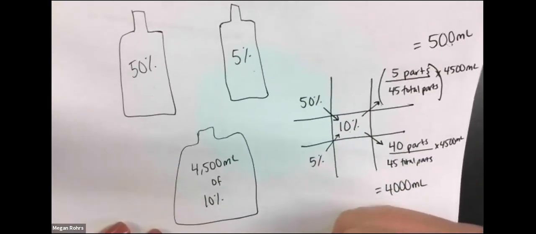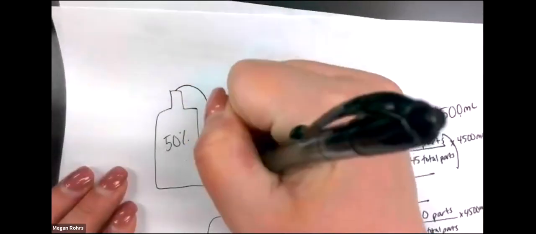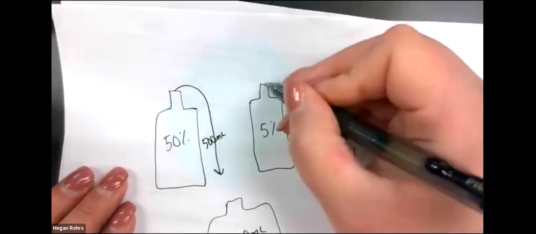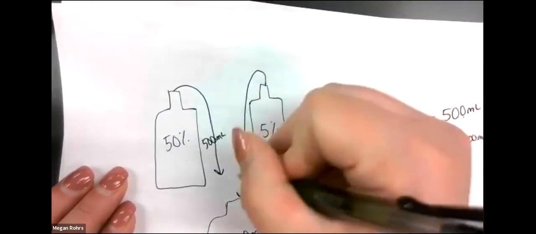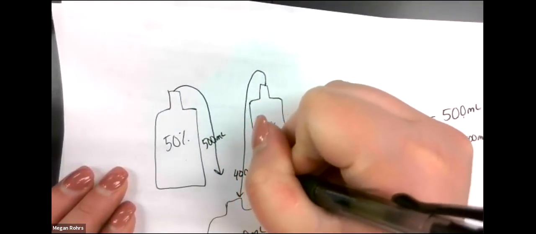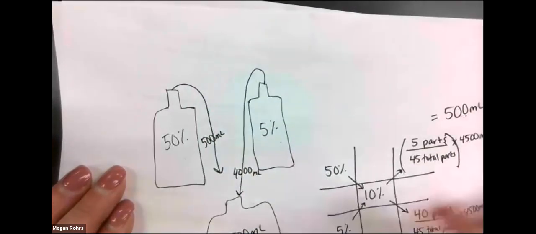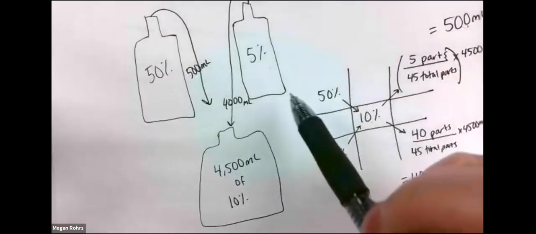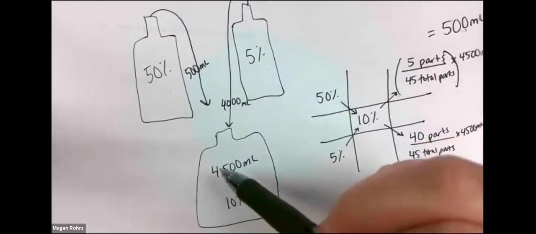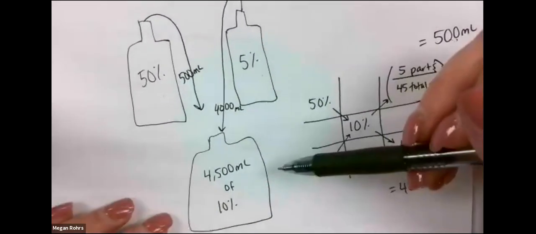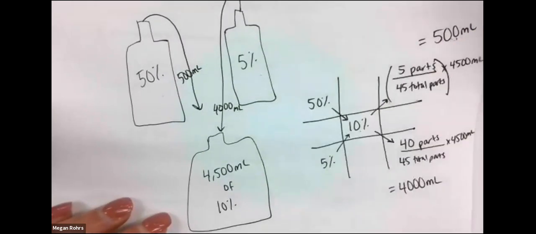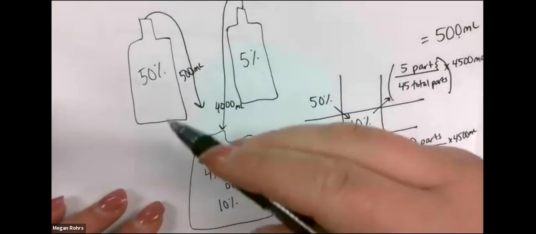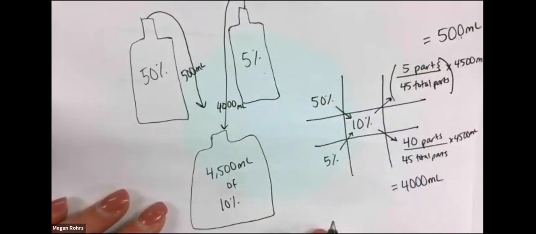So for the 50%, we would take 500 mils from here. And from the 5%, 4,000 mils from here. That way you can visually see the two parts that we're adding to make a total of 4,500, okay? So we can write the directions for exactly what's happening here.